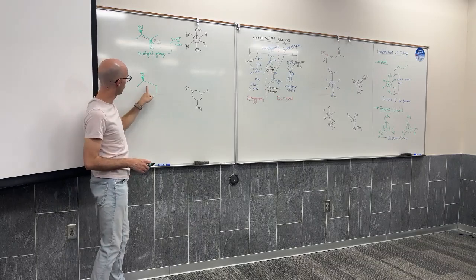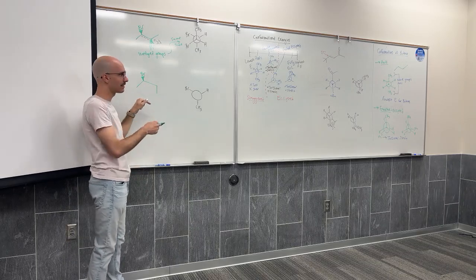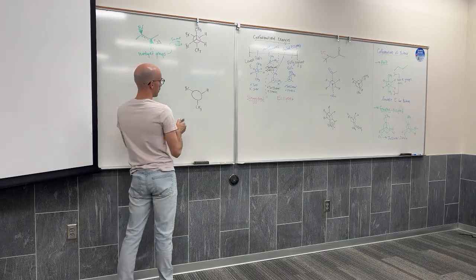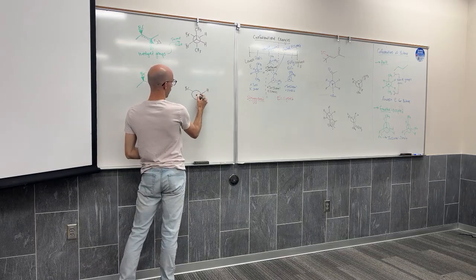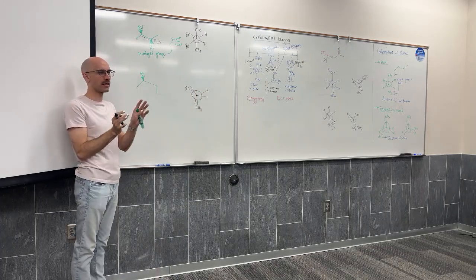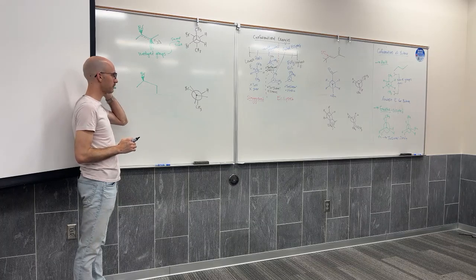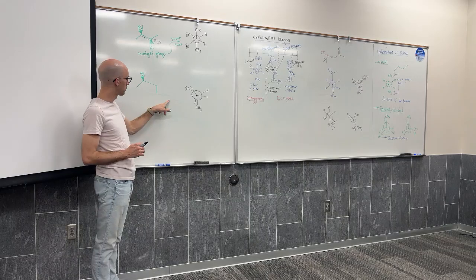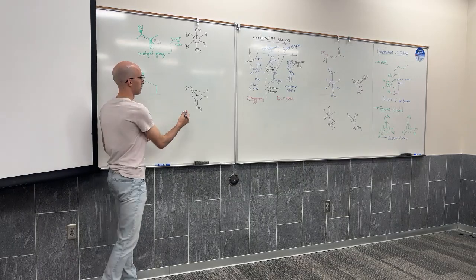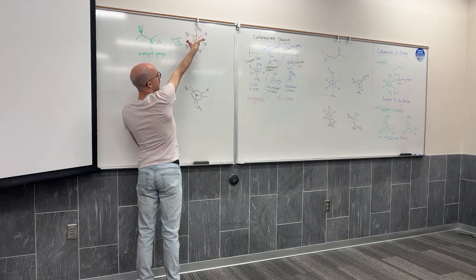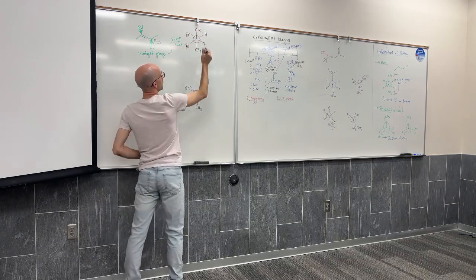Now my front carbon, because I'm trying to get a zig-zig, I'm trying to go to this fully eclipsed conformation, my front carbon needs to have groups that come off here, here, and here. Just slightly offset. Would be nice if they were eclipsed. What's going to be next to the CH3? The CH3. So that means that I've taken this front carbon, and whether I've rotated it clockwise or counterclockwise doesn't really matter.